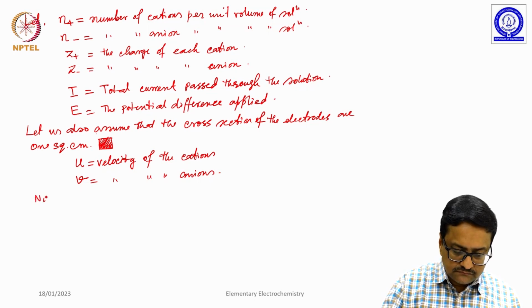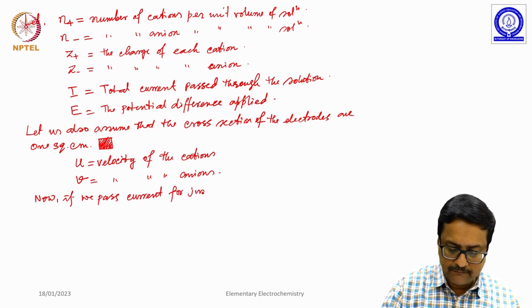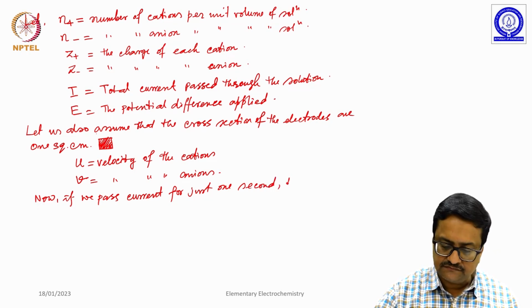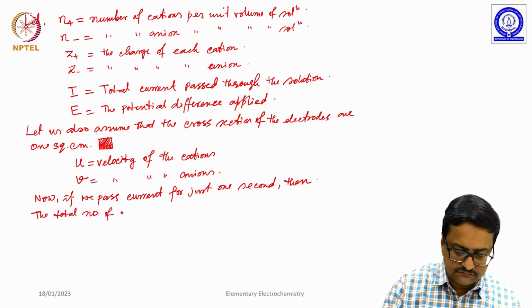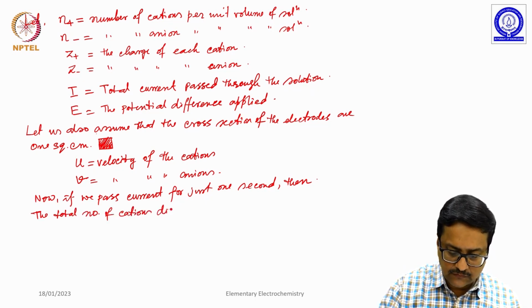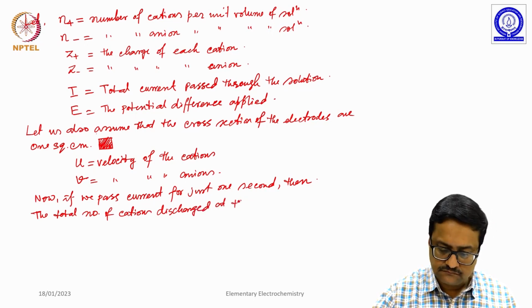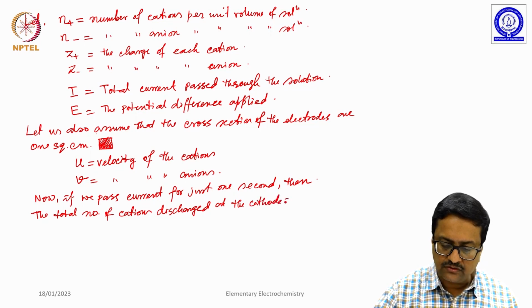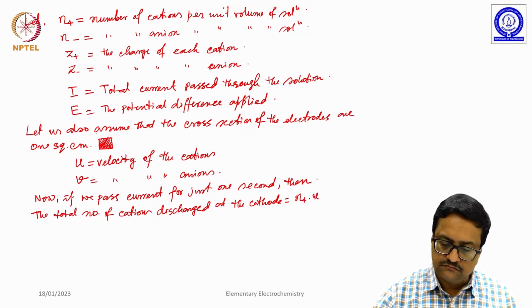So, now if we pass current for just 1 second, then the total number of cations discharged at the cathode will be what? n plus into u, right?